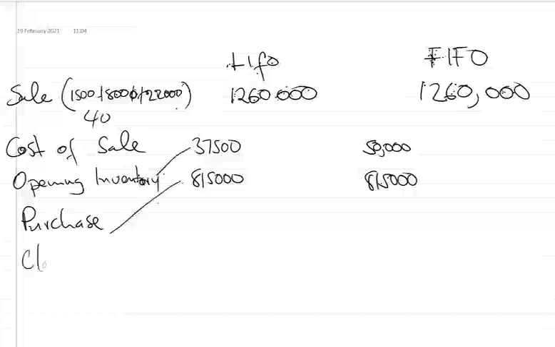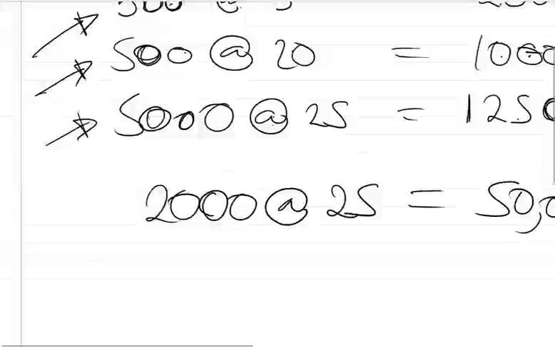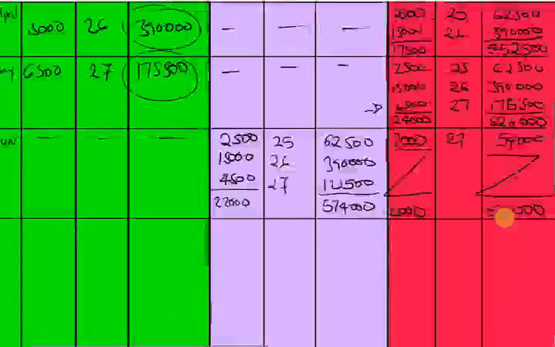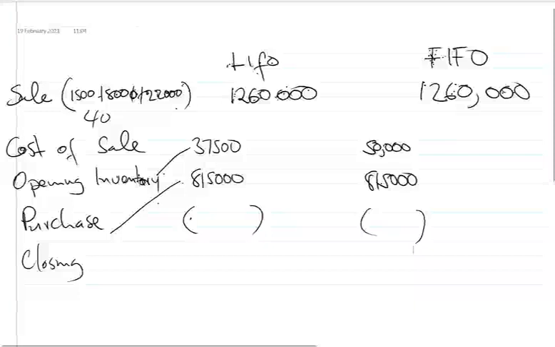Now let's go to closing inventory. That's less closing inventory. Now let us look at the valuation methods and look at the closing inventories. So using FIFO, we have 54,000.